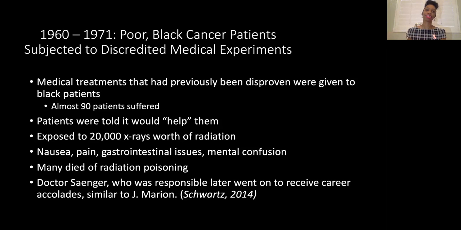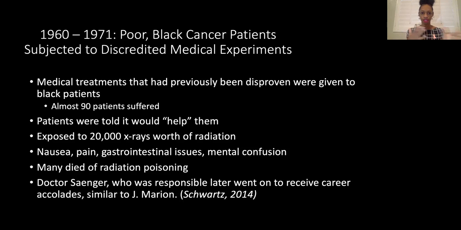In 1960 to 1971, we again see disparities with poor Black cancer patients being subjected to medical experiments which were previously discredited for lack of evidence-based research results. And so now we look at these Black patients, and there were almost 100 of them, 90 or so.